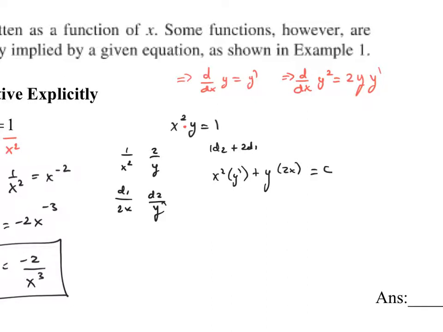Of course, this is equal to the derivative of the right-hand side of the equation, because all we're doing is finding the derivative with respect to x of the left, and the derivative with respect to x of the right-hand side of the equation, and the derivative of 1 is 0. So this would be x squared y prime plus 2xy equals 0. Well, we can subtract 2xy from both sides because we're trying to solve for y prime.